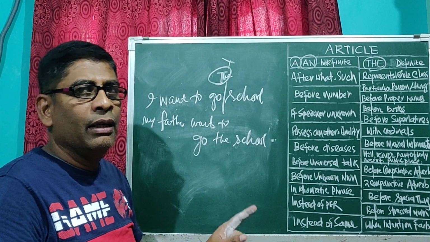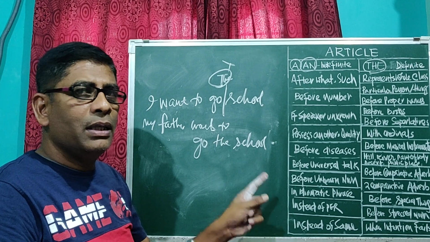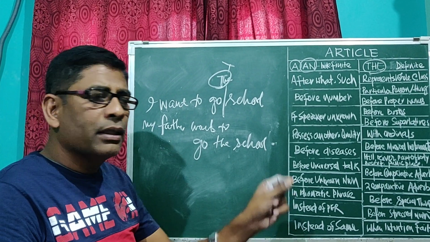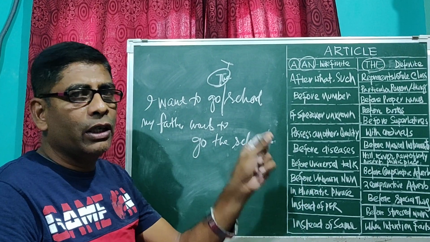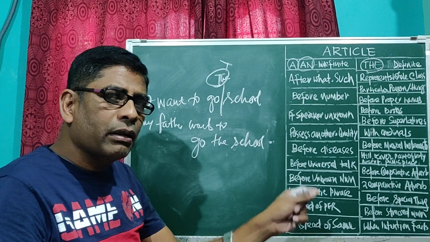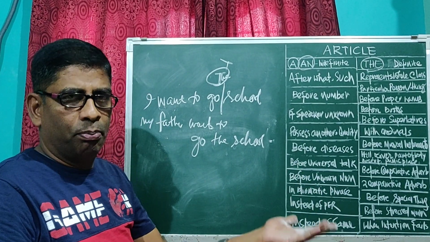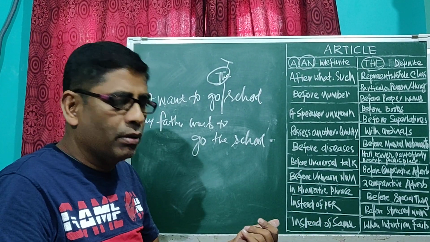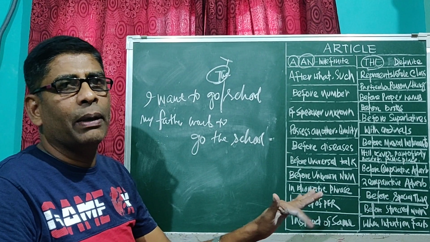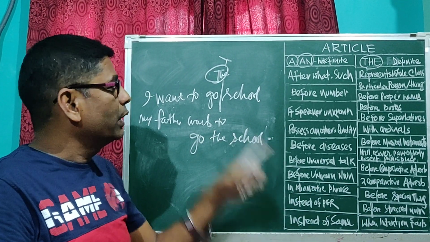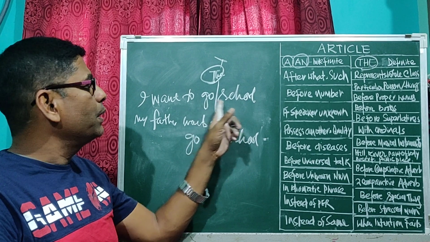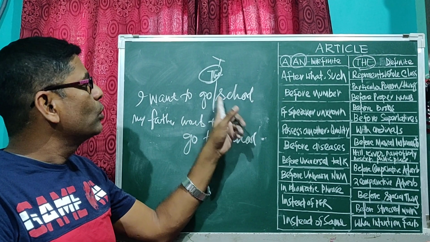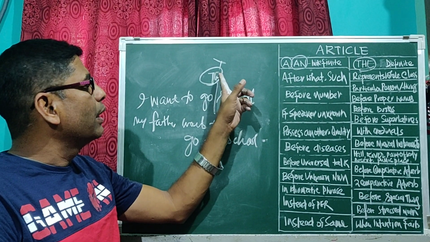The father going to school means he has to pay some money, pay the dues, or collect materials or mark sheets, but the intention fails. When the student goes to school, the intention does not fail, so we should not put the article THE.